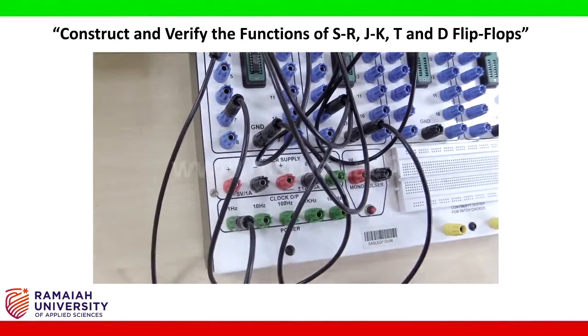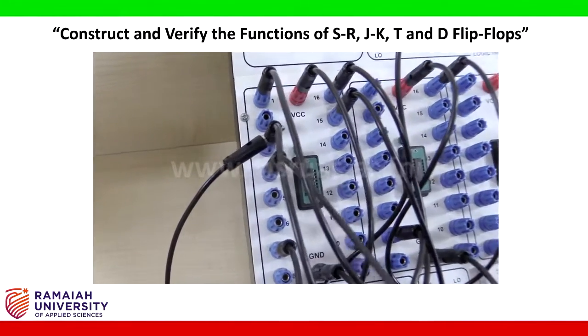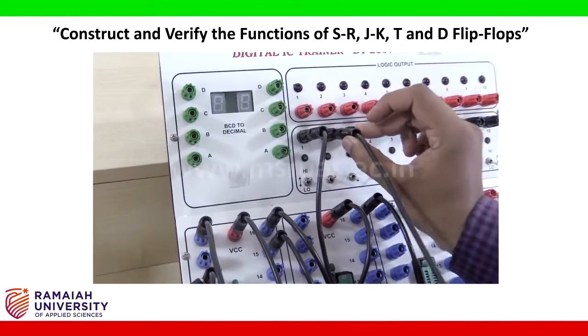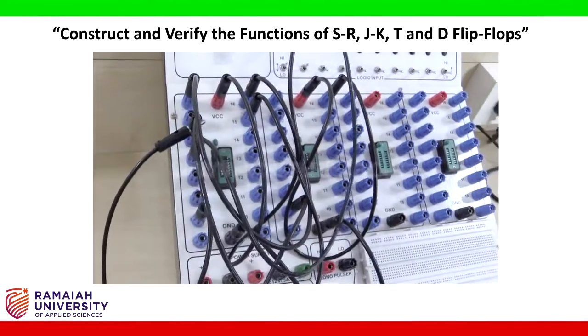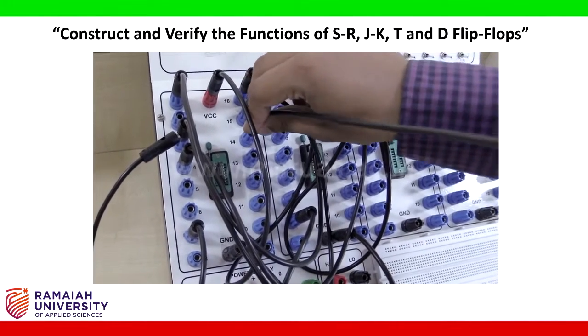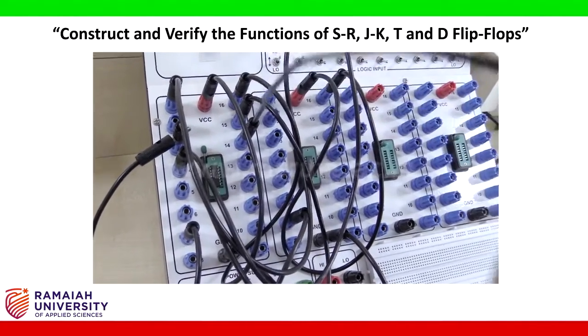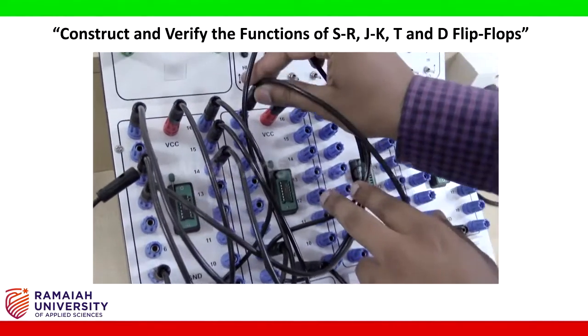Now pin number 4 is another input that represents the K input. I am going to connect it to the input knob. Then pin number 12 is connected to pin number 1 of the 2 input NAND gate, that is the second IC base. Here I am connecting.